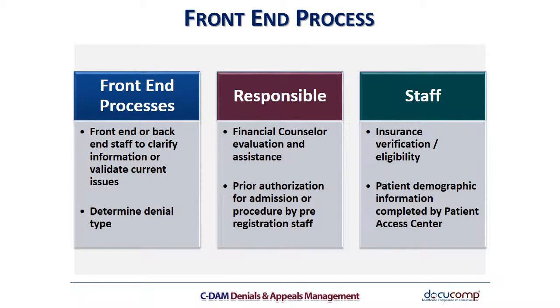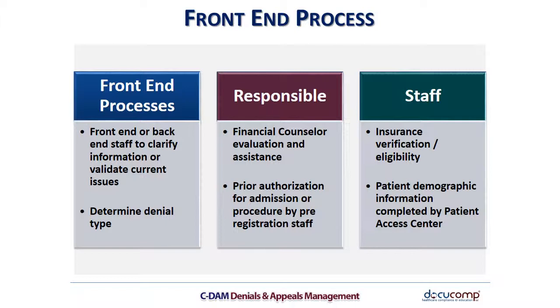Let's talk a little bit more about the front-end process. Most organizations employ professionals like financial counselors or insurance verification and eligibility specialists to help ensure that the appropriate patient demographic documentation is collected prior to a service being rendered to ensure decreased denials.